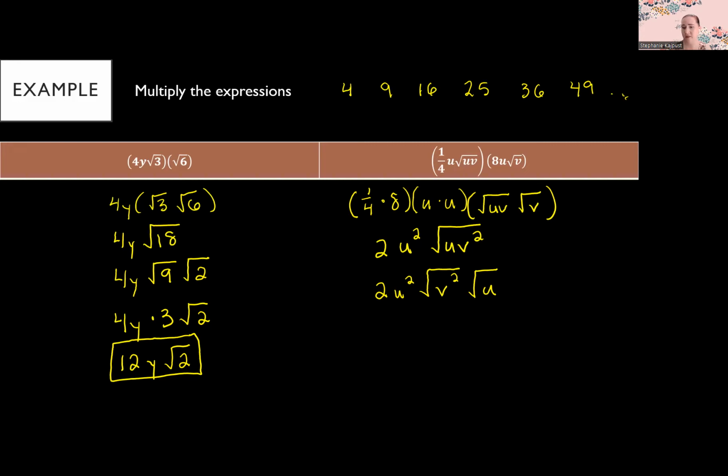And so we're left with just a single V when you take that square root. So you get 2U squared V times the square root of U. So when you take the square root, that exponent is divided by 2. 2 divided by 2 is 1. So I have 1V that's outside of the radical. And then the only thing that's left over is a single U.